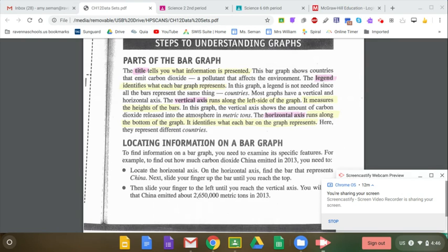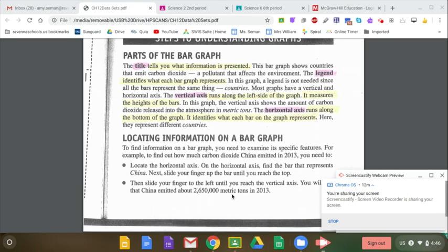The horizontal axis runs along the bottom of the graph. It identifies what each bar on the graph represents. Here, they represent different countries. Locating information on a bar graph. To find information on a bar graph, you need to examine the specific features. For example, to find how much carbon dioxide China emitted in 2013, you need to first locate the horizontal axis.